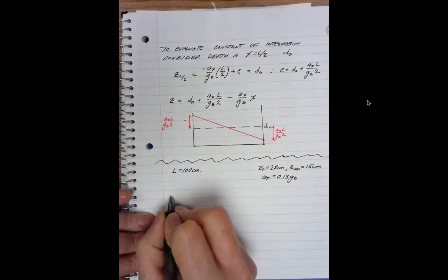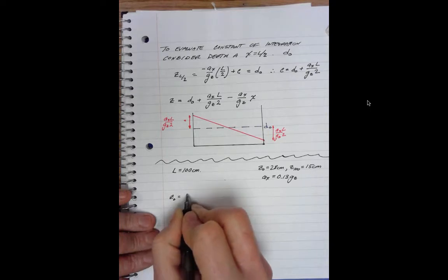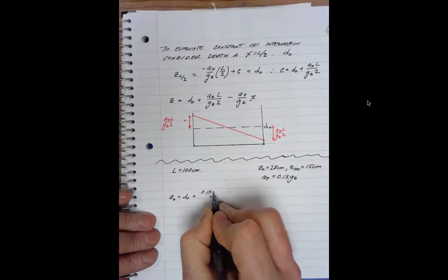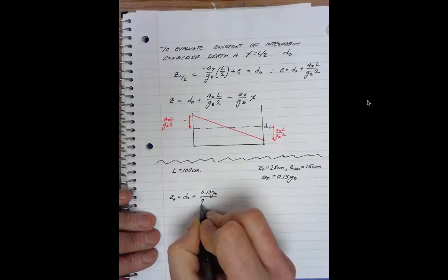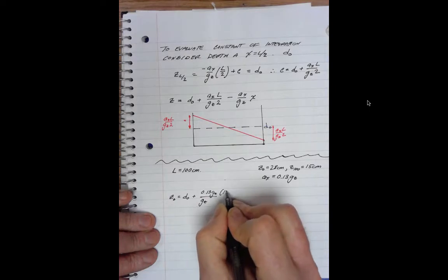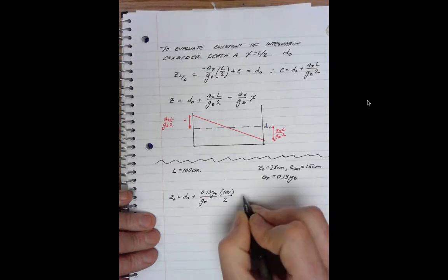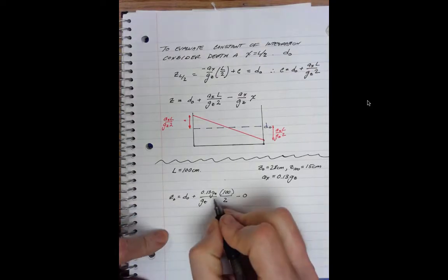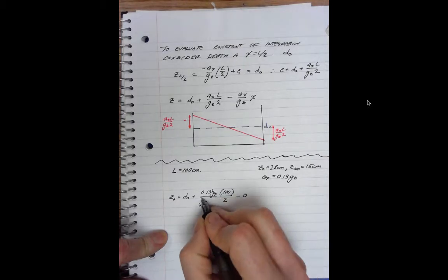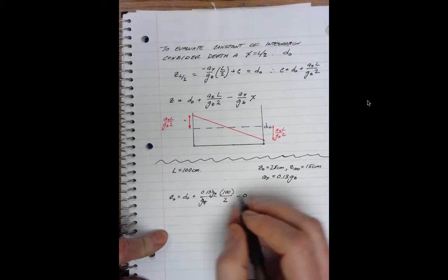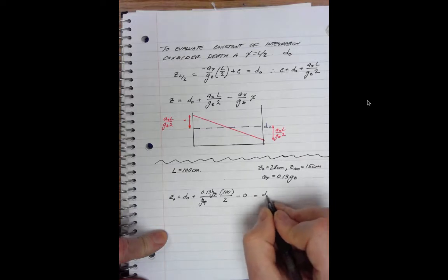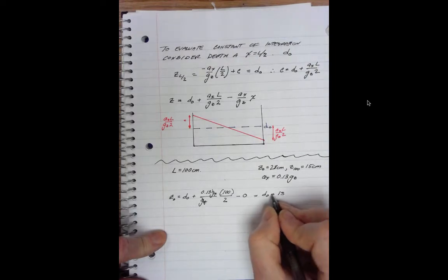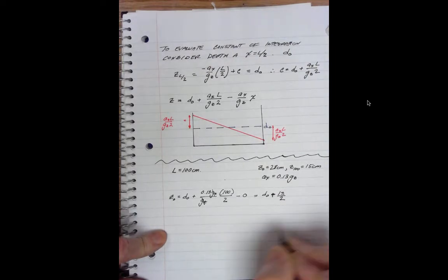Okay, so we know that z of 0 is equal to d0 plus 0.13 g sub z over g sub z, L was 100, divide that by 2. And we're at x equals 0, so that's minus 0. So g sub z and g sub z cancel, and so we have this equals d0 plus 13 over 2.